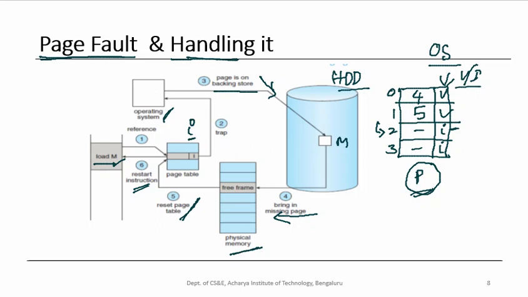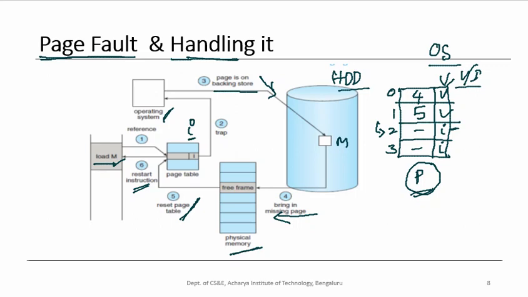This assumes the CPU scheduler has not put some other process on the CPU. I hope you have understood what a page fault is and how to handle it. A page fault simply means that the referred page is not present in the main memory. Why is it not present? Because as per our concept of demand paging, we don't bring in all the pages associated with the process.